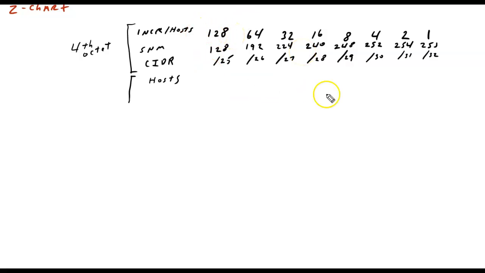So if this is 128, the next one will be over here at 256, and then 512, 1024, 2048, 4096, and so on. I'm not going to bother to fill the rest of these in, because at this point we're not going to be needing them. But if you were ever in a quiz or exam situation where you needed these, then I would suggest you go ahead and calculate these out and fill them in.